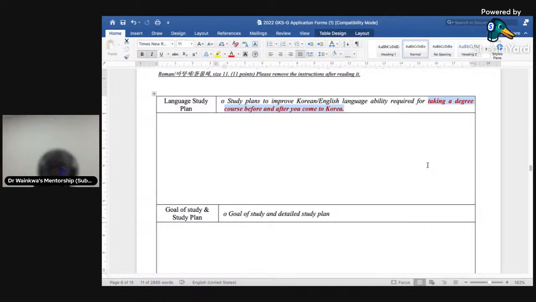Within those levels, you have TOPIK level one, two, three, four, five, six. And again, mind you, within different countries now, there are Korean language centers where you study Korean. But if you do not take TOPIK, then you might not really know.